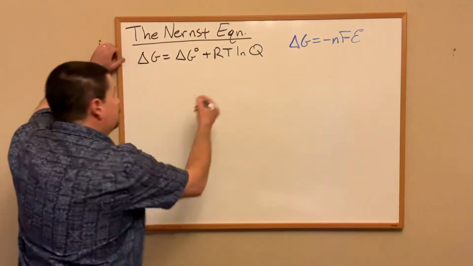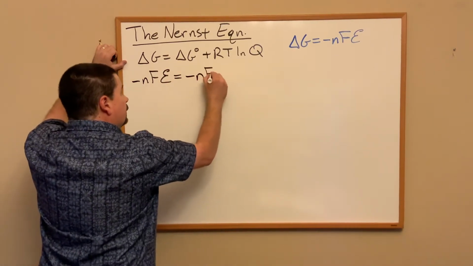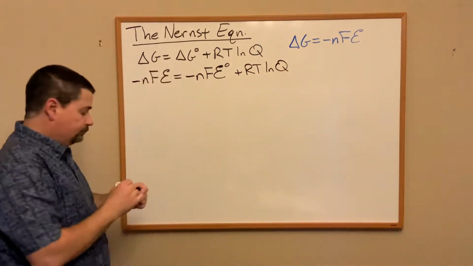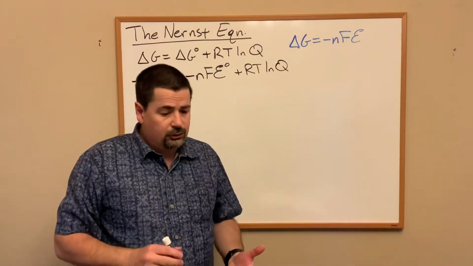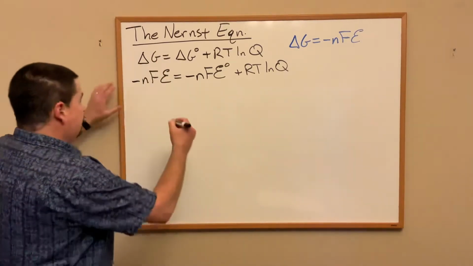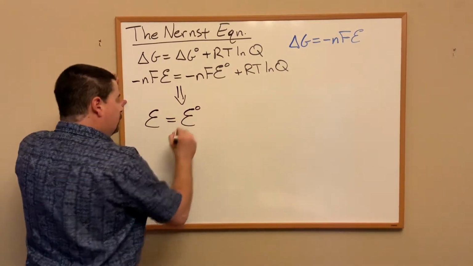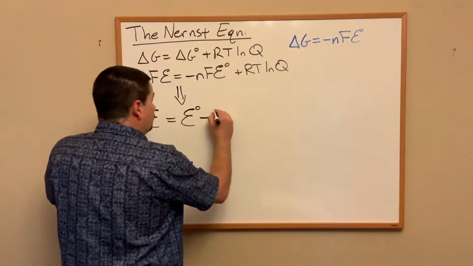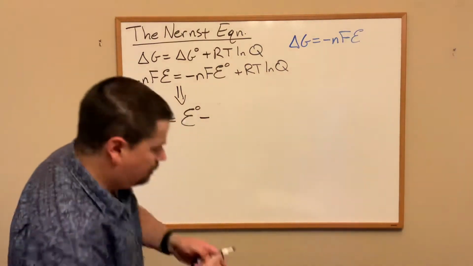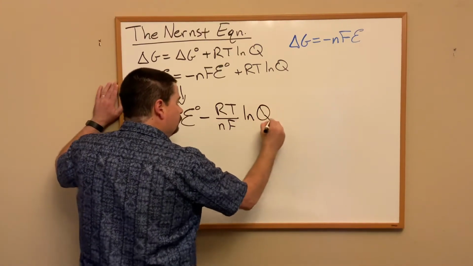So we can plug things in and we would get minus NFE equals minus NFE naught plus RT ln of Q. Or we could combine our NF factors on one side, and what we get ultimately is E equals E naught minus, sorry, I'm about to write a delta, but it's not a delta, it's just an R, minus RT over NF times the natural log of Q.